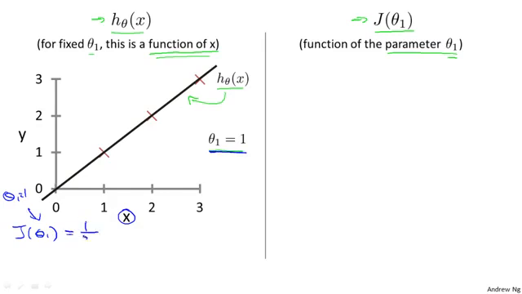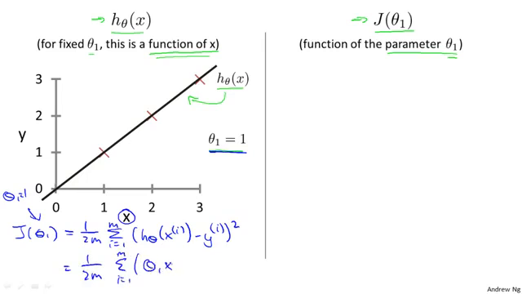Well, as usual, my cost function is defined as follows: the sum over my training set of this usual squared error term, theta 1 times x i minus y i. And if you simplify, this turns out to be 0 squared plus 0 squared plus 0 squared, which is, of course, just equal to 0.